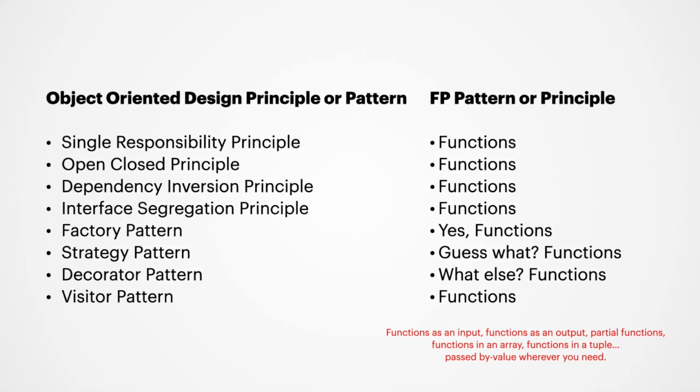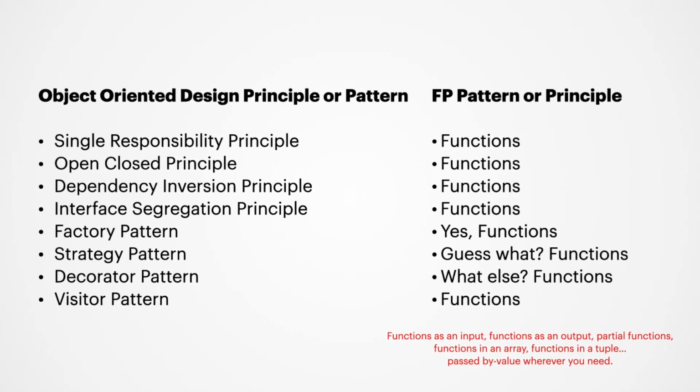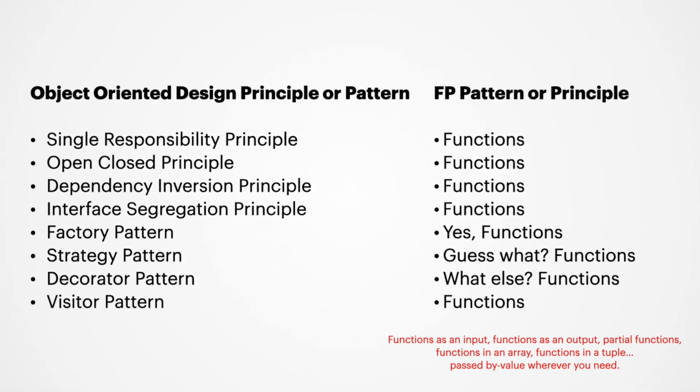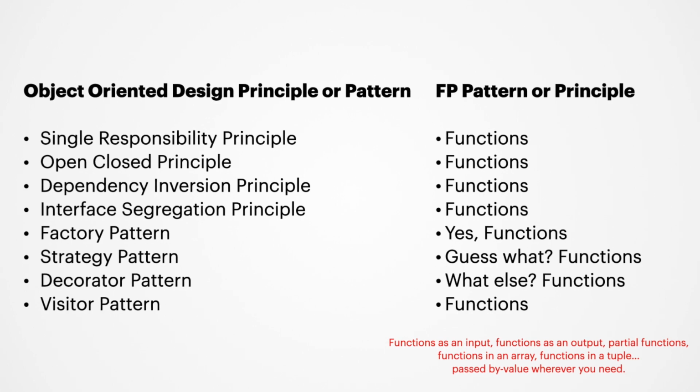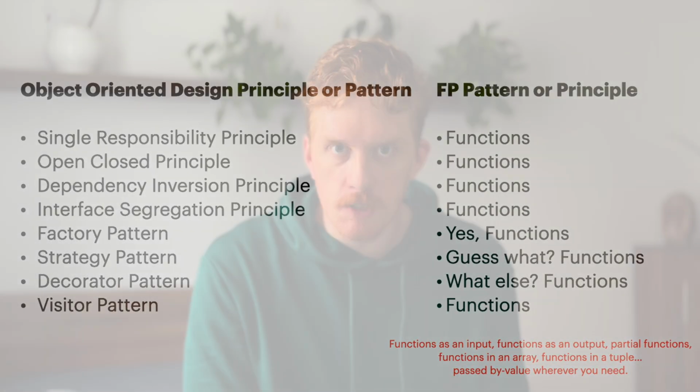That's much simpler. Everything you do to achieve polymorphism in object-oriented languages, you do in FP by passing functions as inputs to other functions, creating functions on demand, returning them from other functions, or all of the above at once.